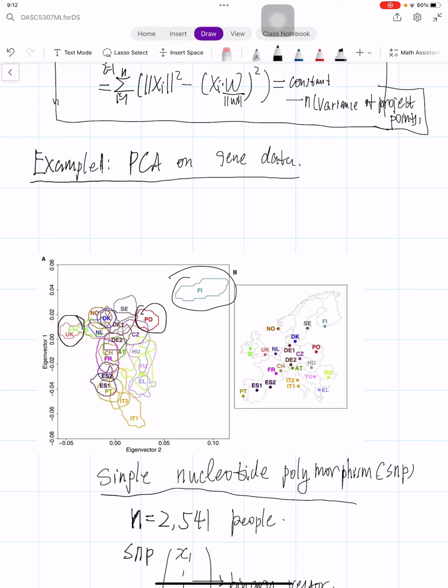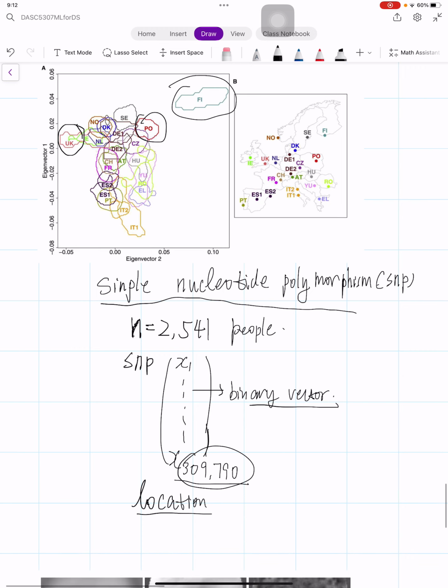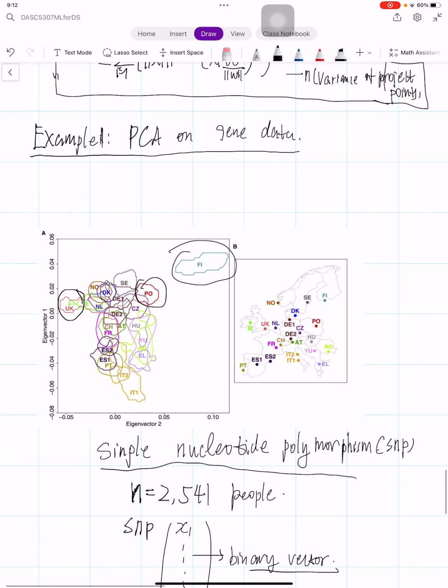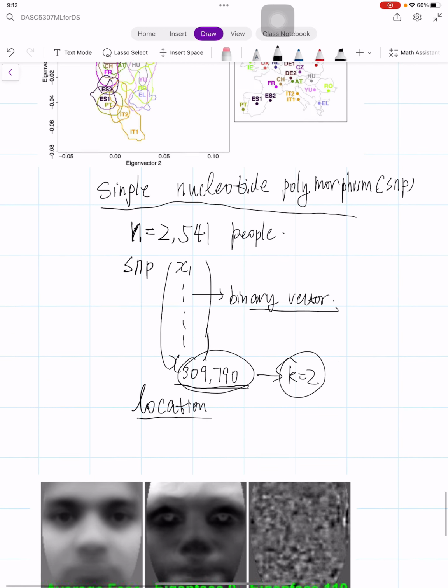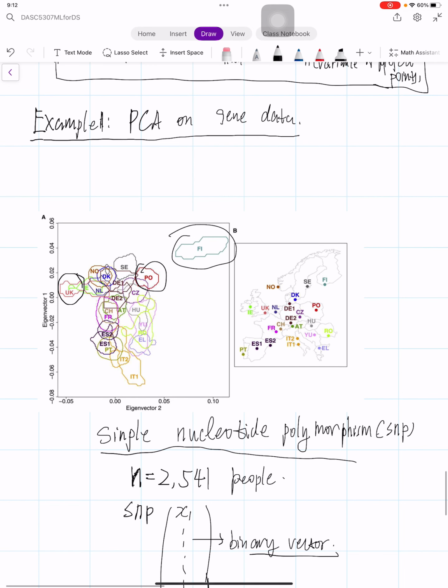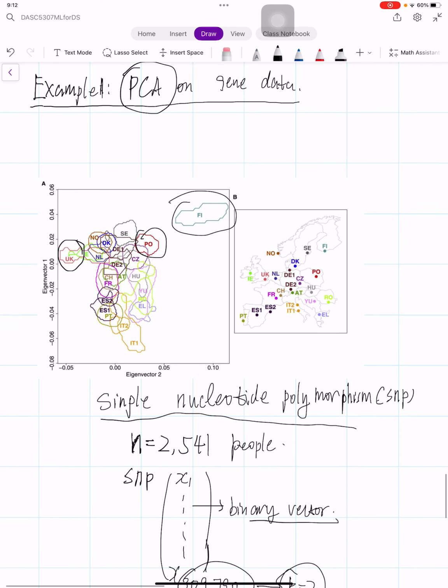So it's quite amazing to see that with a reduction from this huge dimension of the input features to k equal to 2, okay, we can have quite good clusters of these people by using only two principal components. Okay, so that's one of the very popular uses. In gene studies, in bioinformatics, the most important tool people use is the principal component analysis.